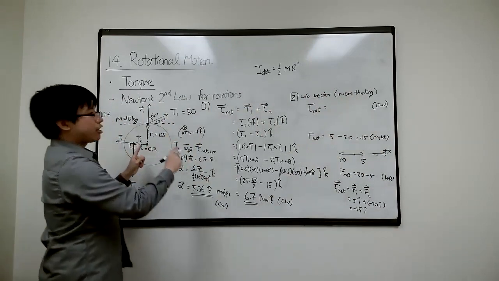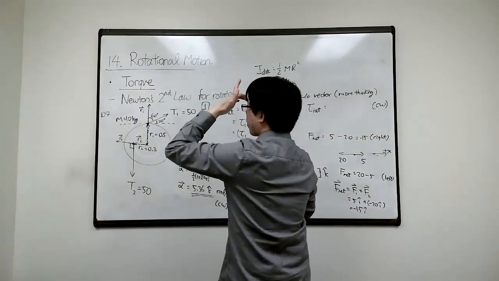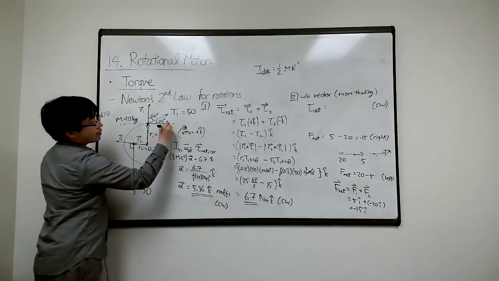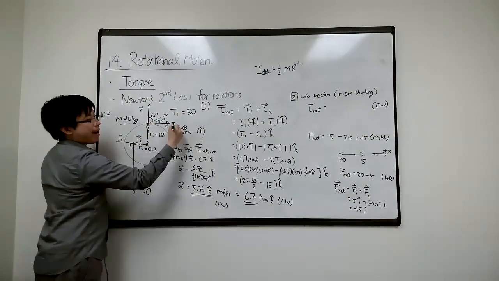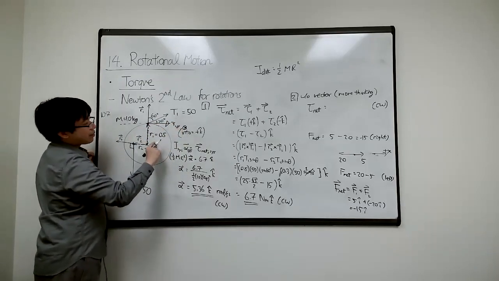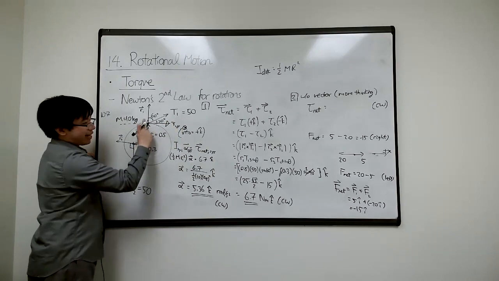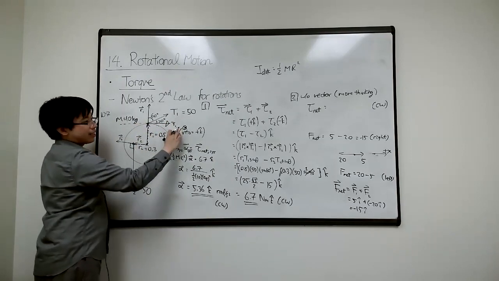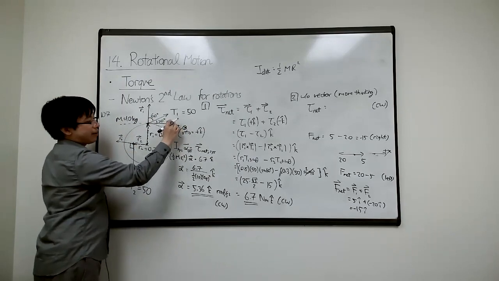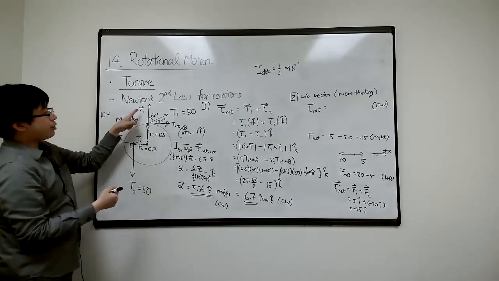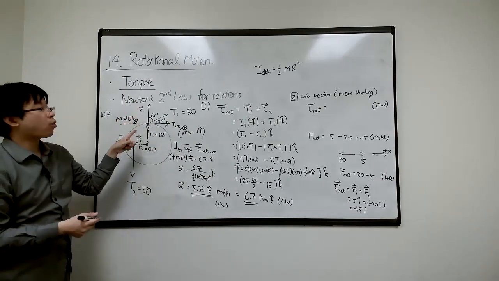So clockwise is going to be T1, and also it's only going to be this component of T1. Right, so it's T1 parallel, sorry, it's perpendicular to the radius, but parallel to the wheel. So let's call it tangential. So T1 tangential is the one that's going to cause the rotation, because this component is not going to cause any clockwise motion, right?